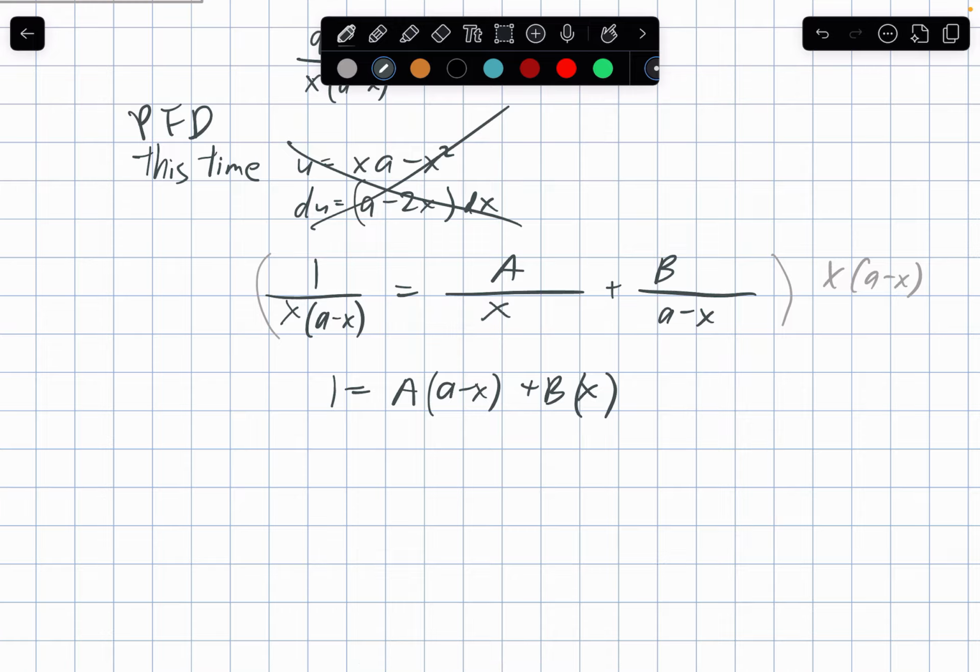So we can solve for A and B using two methods, although I think method 1 will suffice. If you remember your partial fraction decomposition from calculus 2, this is exactly what you have to do in differential equations. So method 1, let's say x is equal to 0. 1 equal to A times quantity a.